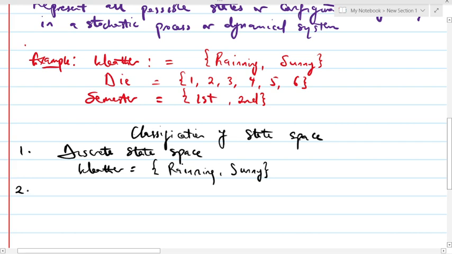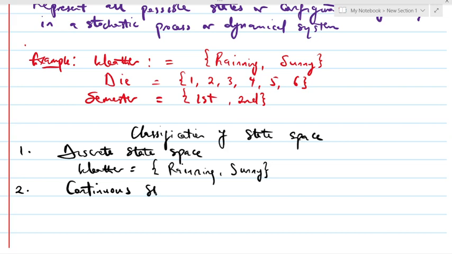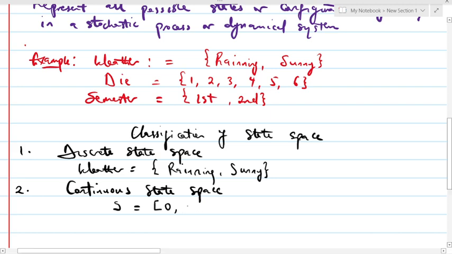The second type of state space we have is the continuous state space. For example, we denote a state space X to be from 0 to infinity.